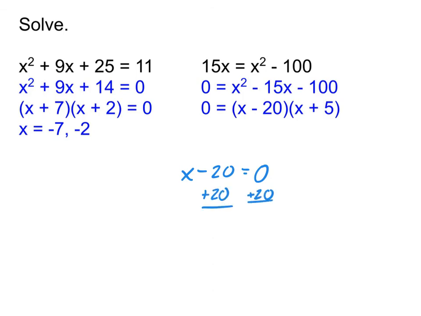Even if you just look at it and know what the answer is, you do need to remember that this is really what's going on in the background when we say what minus 20 equals 0. Otherwise, the more complicated versions are going to seem way more complicated instead of just one extra step harder. And then we do the same thing with x plus 5 equals 0, so x equals negative 5. So x equals 20 and negative 5 on this one, and we're done.